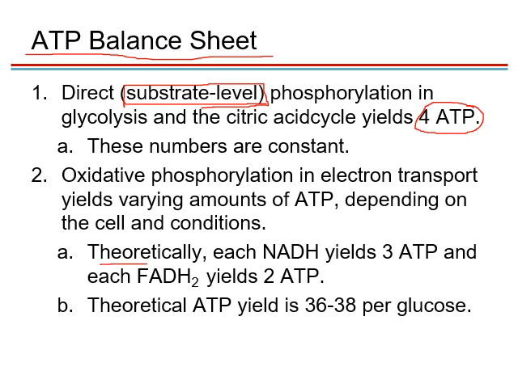Okay, in the oxidative phosphorylation, theoretically, and we're going to look at these theoretical yields, we get 3 ATP for each NADH molecule and 2 ATP for every FAD molecule that drops its electrons.